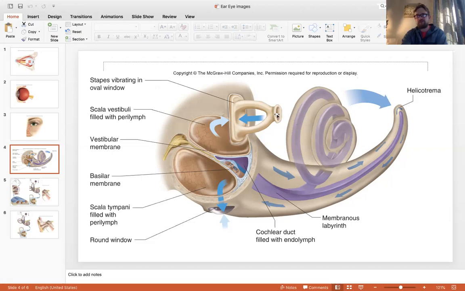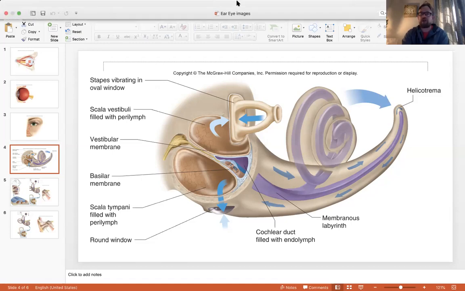And the stapes, which vibrates because of sound waves that originally hit the tympanic membrane, is connected to something called the oval window, which is the opening that leads into the scala vestibuli. And those vibrations are now moving through this chamber, in the directions that you see these dark blue arrows.